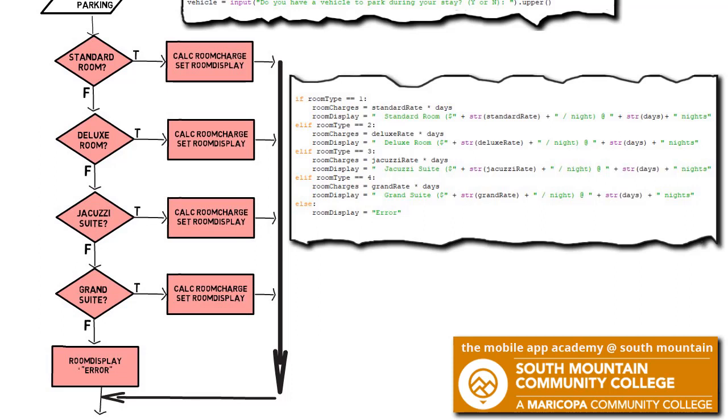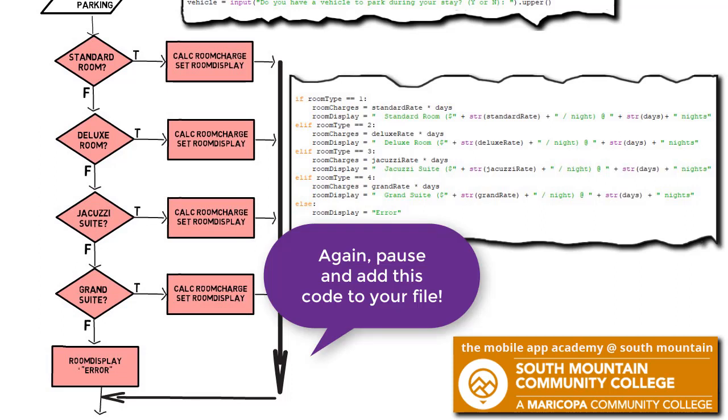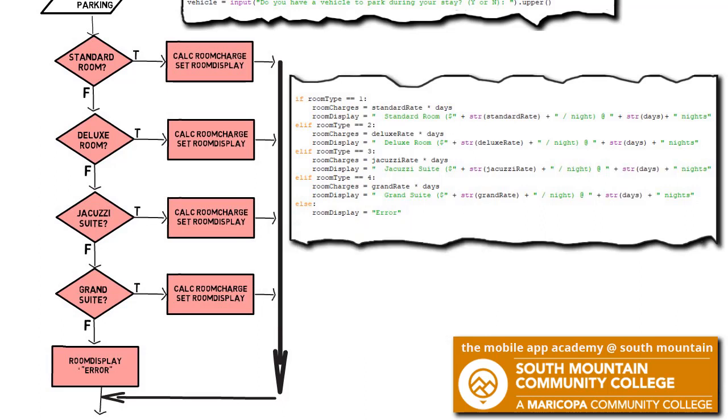Each of our if and elif forks look at one of the room types being a standard room, a deluxe room, a jacuzzi suite, and a grand suite, and then calculates the room charges variable as the rate for that room times the days, and then also creates a string variable called room display that we'll use in the output, concatenating the room type, the rate, and the number of days or nights that were being stayed. And then the else fork, again, we're setting room display to an error, and we will check against that when we go to display our output.